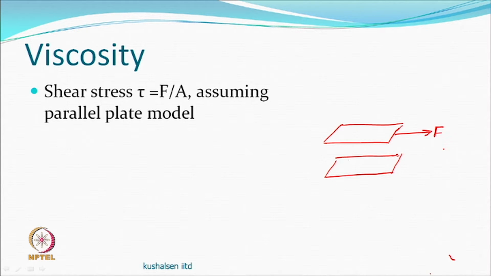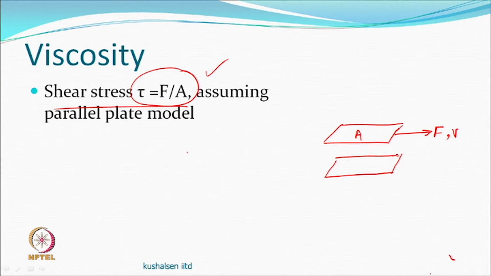and it may be pulled by some velocity. This particular plate, if we consider, may have some area. So, from a simplistic point of view, the shear stress could be defined as this, and the rate at which this plate is moving would depend obviously on force, but finally there is something called a velocity.